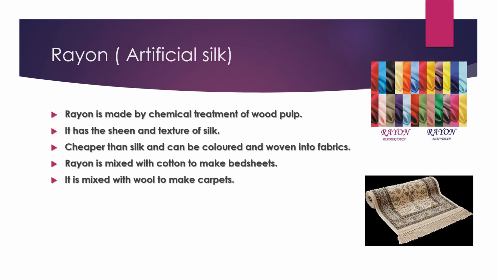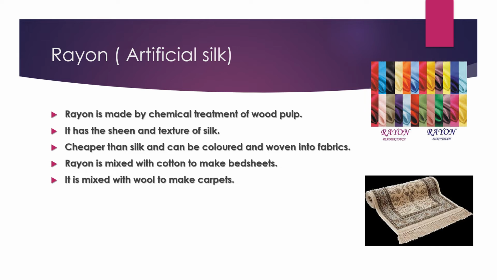Number two, it was difficult to maintain because it was a natural product and it used to be subjected to silverfish. It used to be attacked and destroyed by silverfish, a small insect which destroys clothes. And it also involves the killing of silkworms.